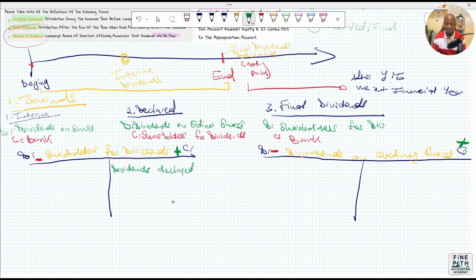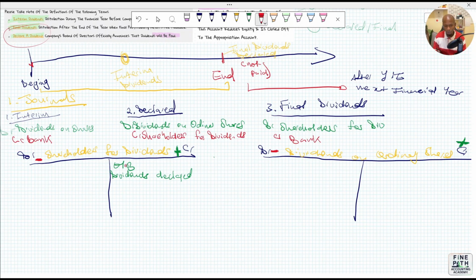When interim dividends are paid, this account is not affected at all. But one thing I forgot to include, we need to always remember that this account is a liability account, meaning that it will always have an opening balance. So we need to include our opening balance there.